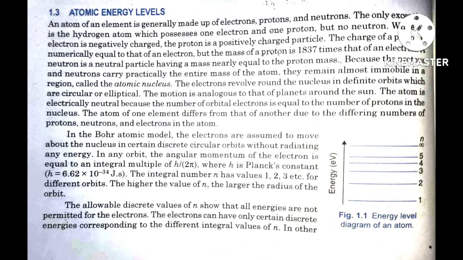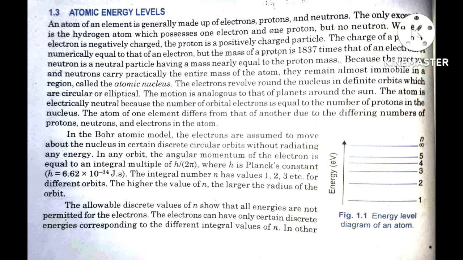Atomic energy levels. An atom of an element is generally made up of electrons, protons, and neutrons. The only exception is the hydrogen atom, which possesses one electron and one proton, but no neutron.